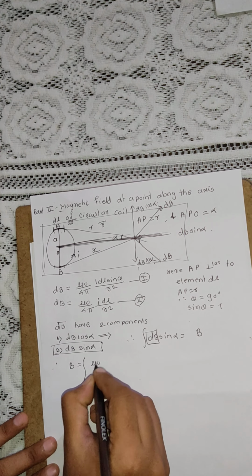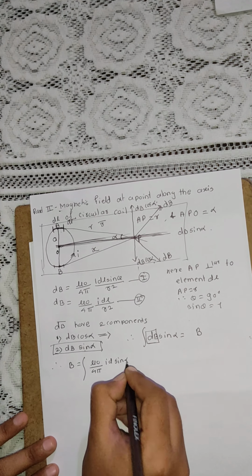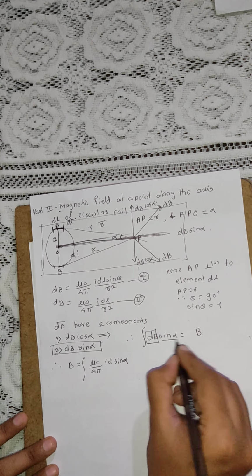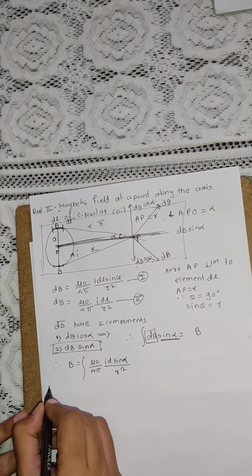Integration of mu naught upon 4 pi, I dl sin alpha, not theta, sin alpha, upon r square.